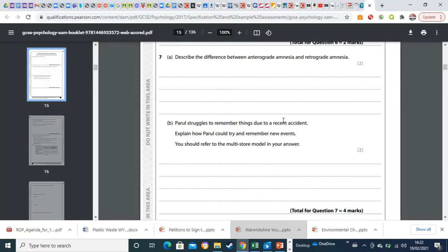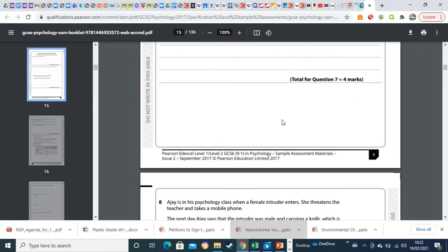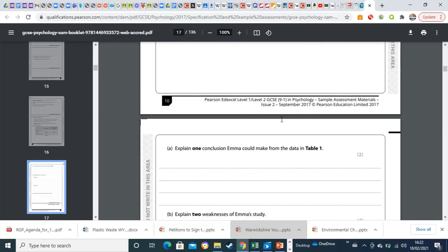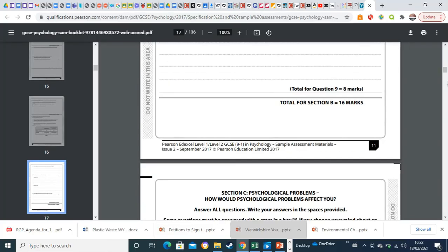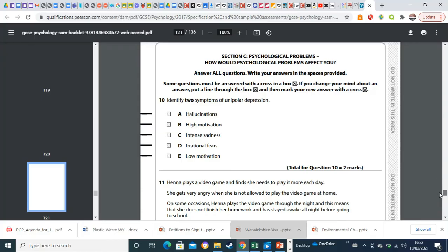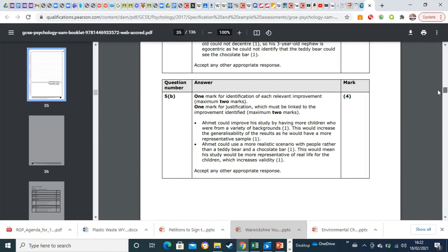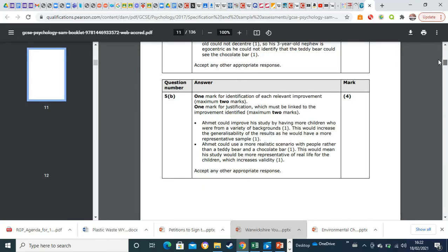Right, okay. So these were all 2 markers. Sometimes you might get it like that. I think there's a 9 marker as well on this, if it will load.